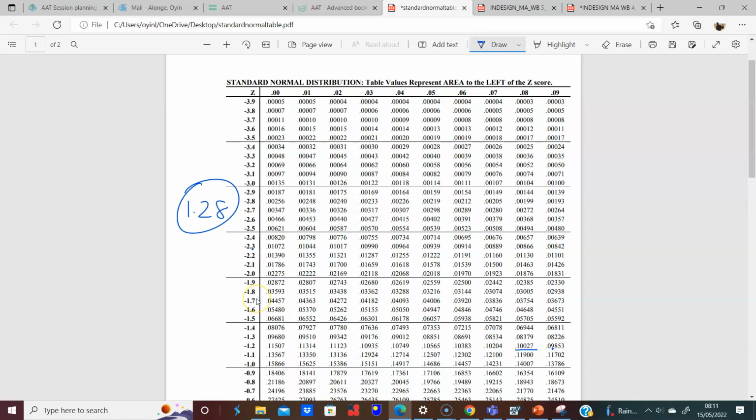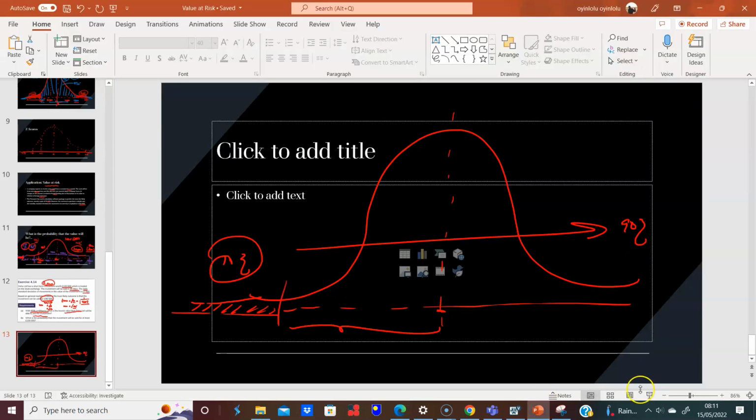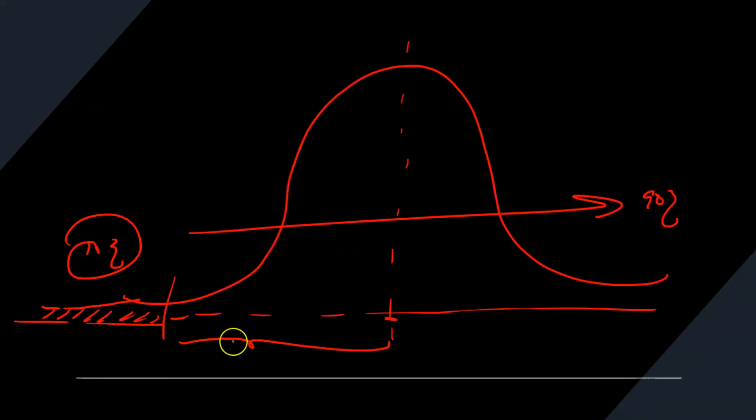The z-score is 1.28. So if I come back here, what this z-score is telling me is that in this direction, 1.28 times whatever my deviation is will take me to the degree of my deviation from the mean, right?